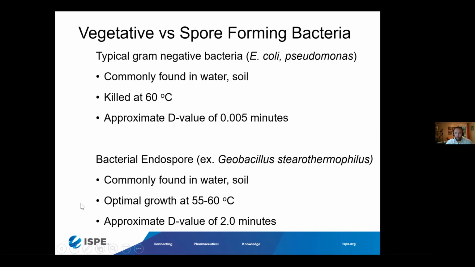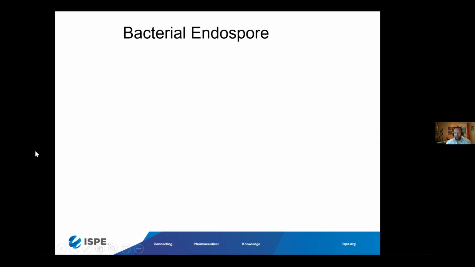So that's why we select these spore-forming organisms as our biological indicator for testing steam sterilization in an autoclave. The concept here is that if we demonstrate that we can kill these resistant bacterial endospore populations in our validation, then any less resistant organisms would be killed as well.